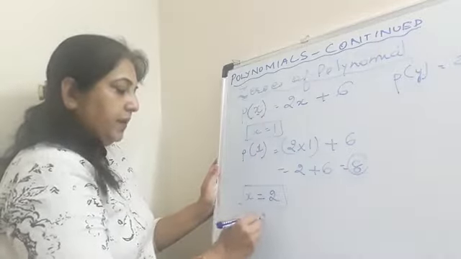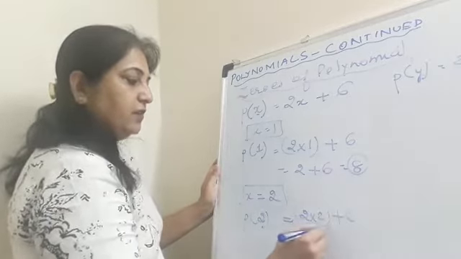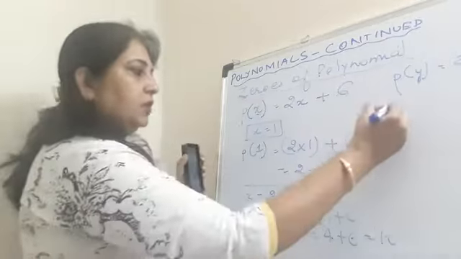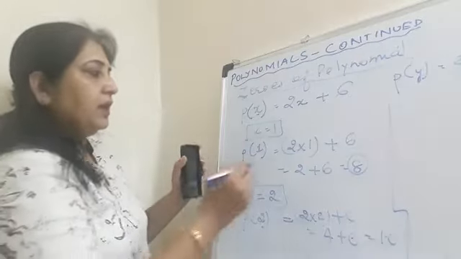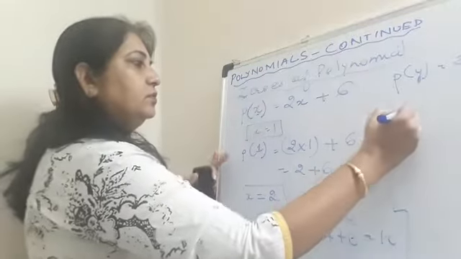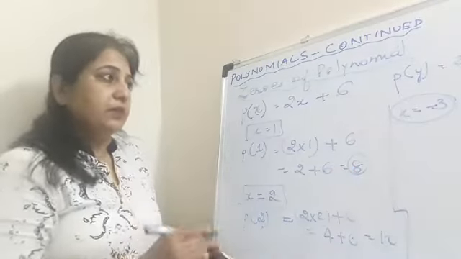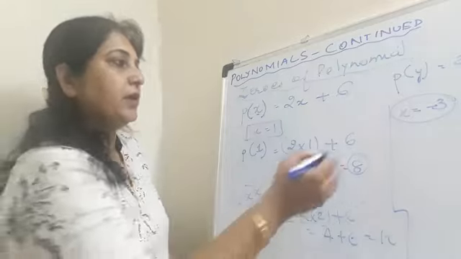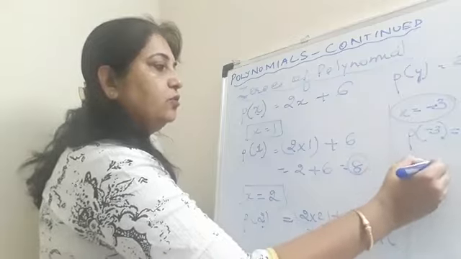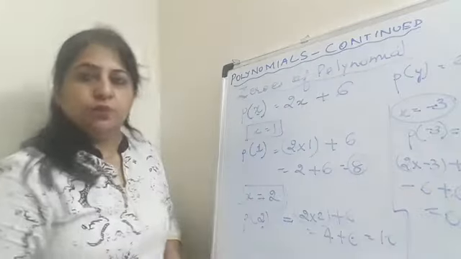So I will write p(2) equals 2 into 2 plus 6, which is 4 plus 6 equals 10. Right? Now one more value I will assume, and that value will be x equal to minus 3. Okay, x equals minus 3. So when I assume x equal to minus 3 and I write p(minus 3) equals 2 into minus 3 plus 6, which will be minus 6 plus 6 is equal to 0.